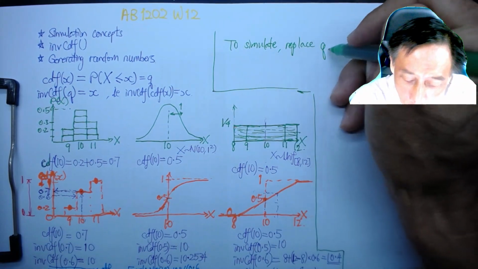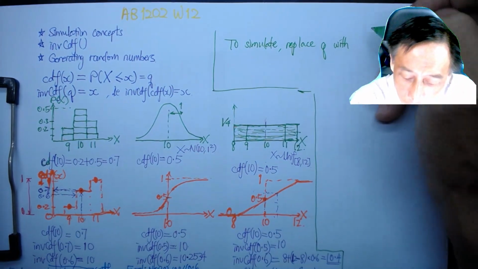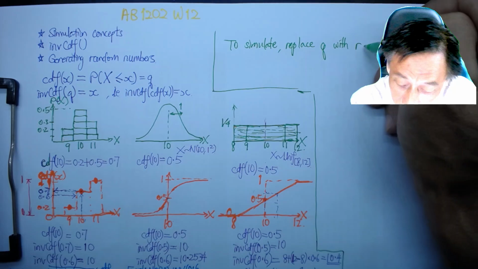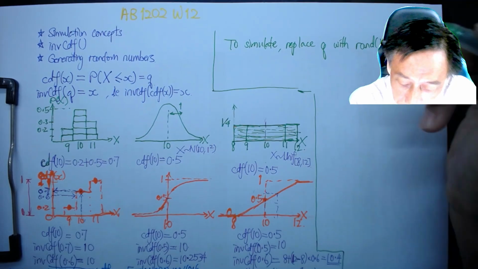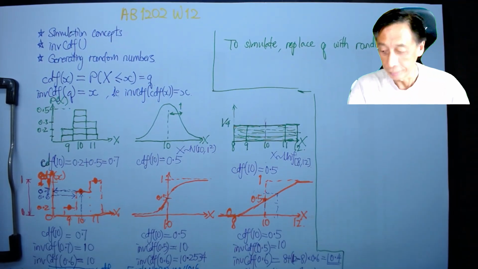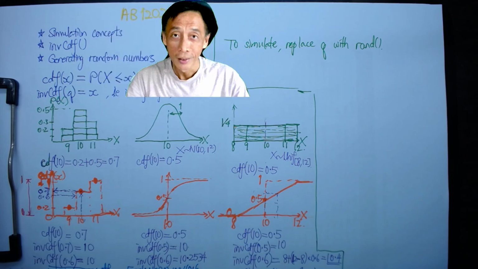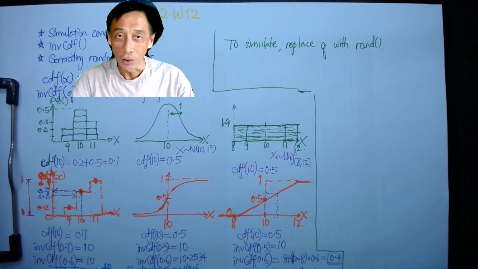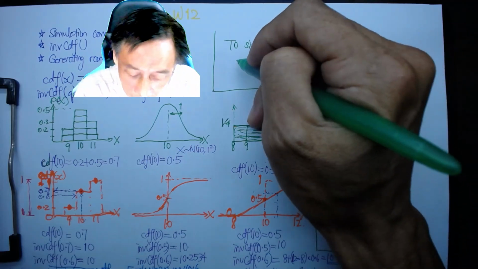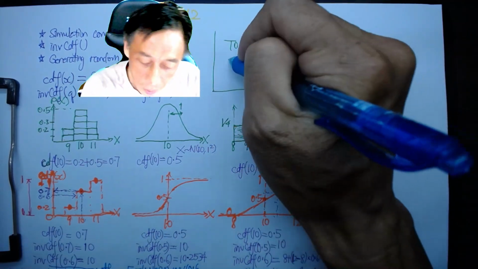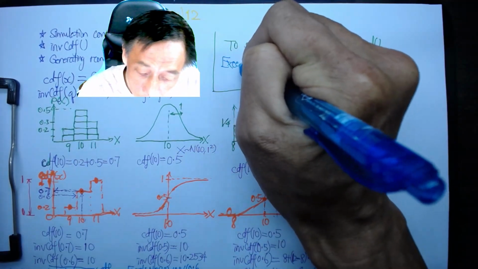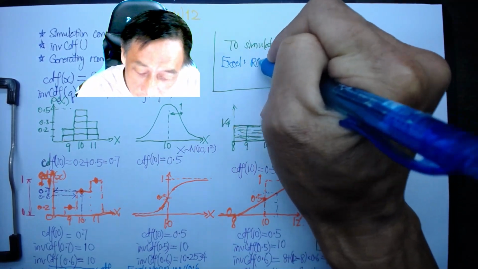Replace Q with a random number generator. So in Excel, let me move myself away. Okay, so over here, right? So in Excel, we will use the rand function.